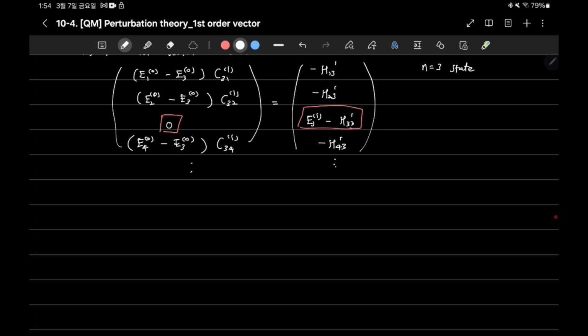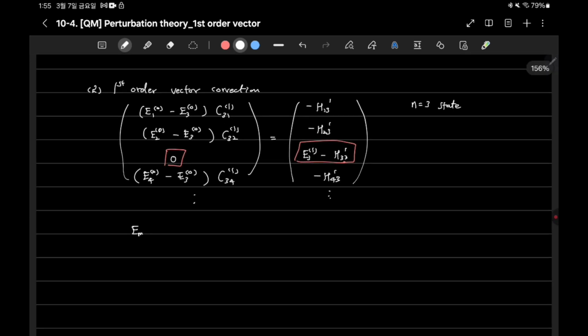Here we know the first order state vector. In general, we can say that (EM0 minus E30) C3M first, minus HM3 prime, where M is not 3.